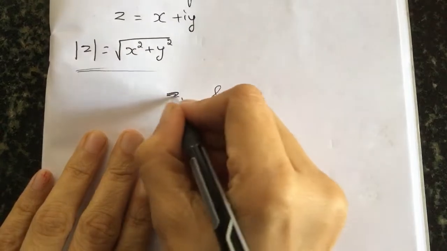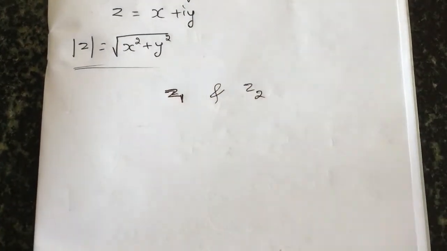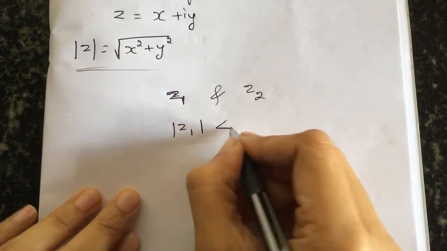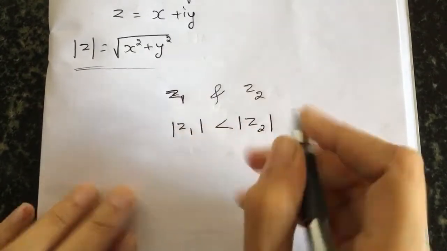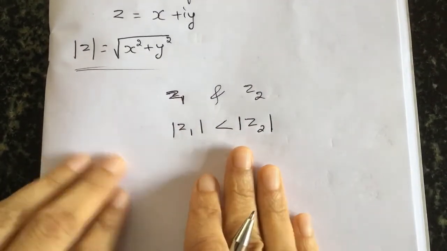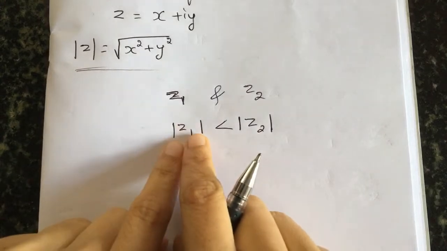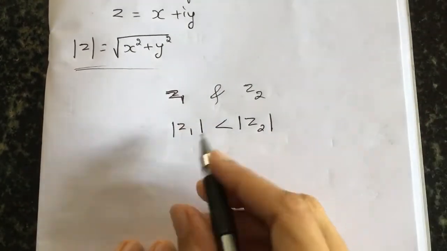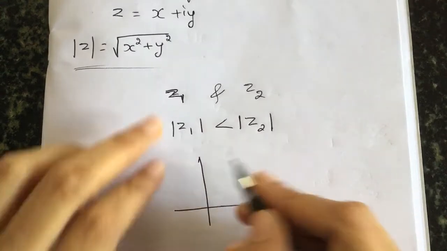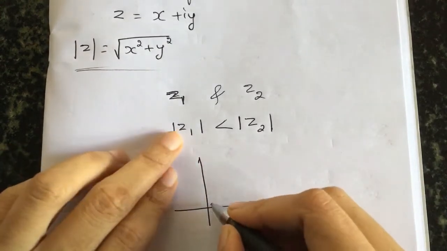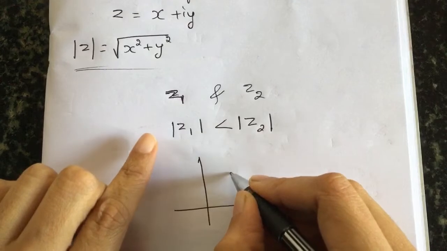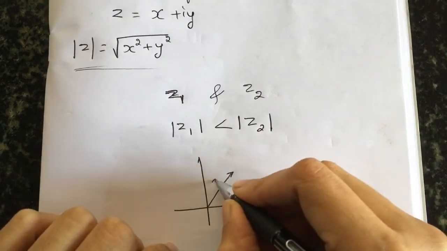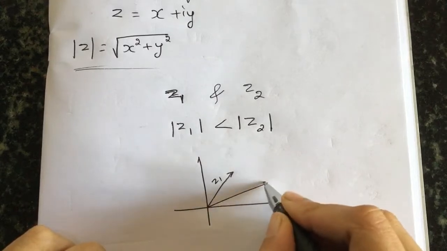If I have two complex numbers z1 and z2, and if I say mod z1 is less than mod z2, then it just implies that point z1 is closer to the origin than point z2. Suppose this is the complex number, or a vector, z1, and this is z2.